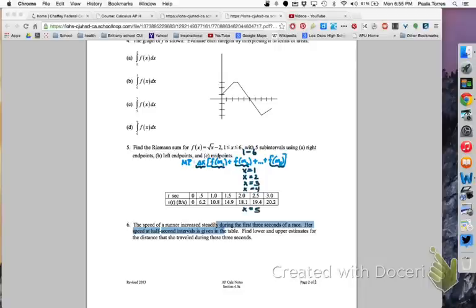Those would be the left x values versus the right x values would have been x equals 2, x equals 3, x equals 4, x equals 5, and x equals 6. So I'm looking for what's in the middle of them.